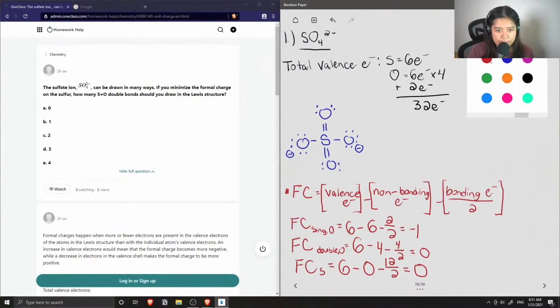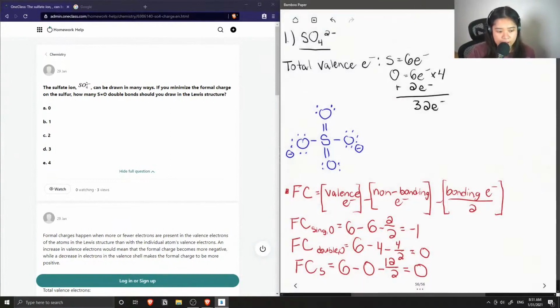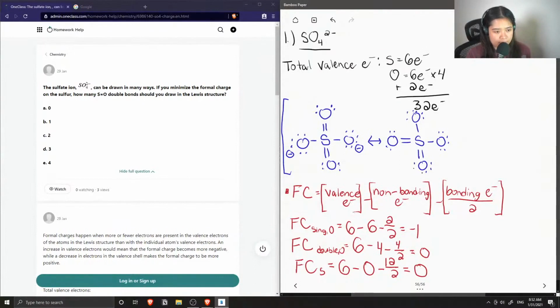Okay, so we have the following Lewis structure, and we can also draw a resonance structure for this as well. So I'll draw some examples of what the resonance structures might look like. We might have a double bonded oxygen here and make this single bonded, like that.